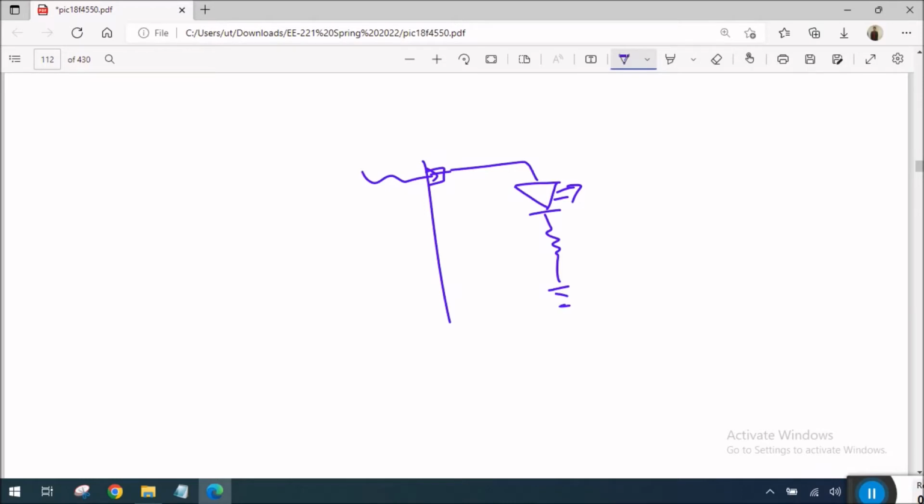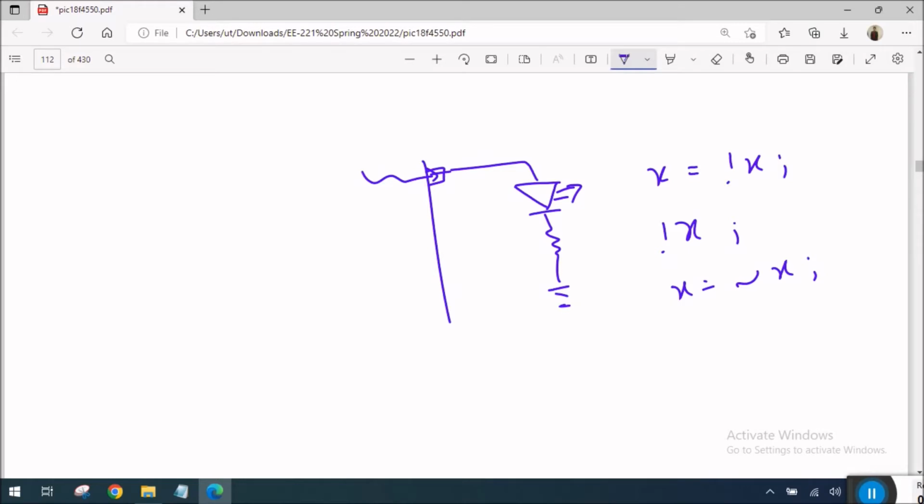Now, the toggle operation itself is a read, modify, write operation. So when I write x = not x, what I'm doing is reading the current state of x, and whatever state I have read, I am then complementing it and writing it back to the pin after modification.